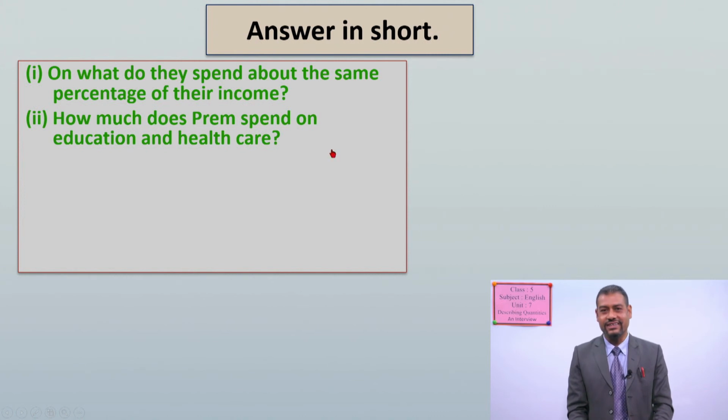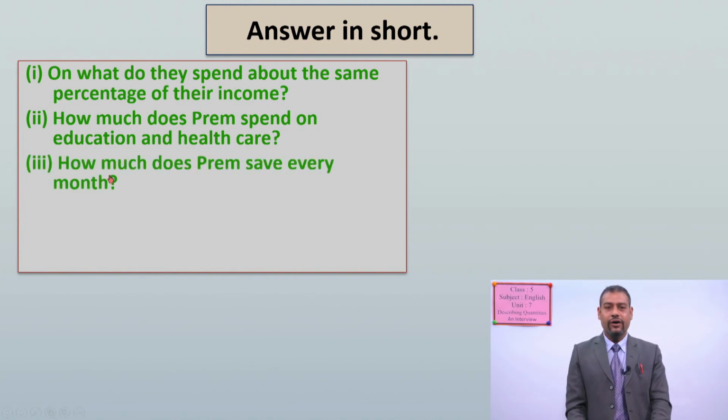It's very easy, very simple for you. Now question number 3: how much does Prem save every month? Now you have to find out only Prem's saving, how much he saves every month. I have already told you. Do you know it or not? You have to find it out.